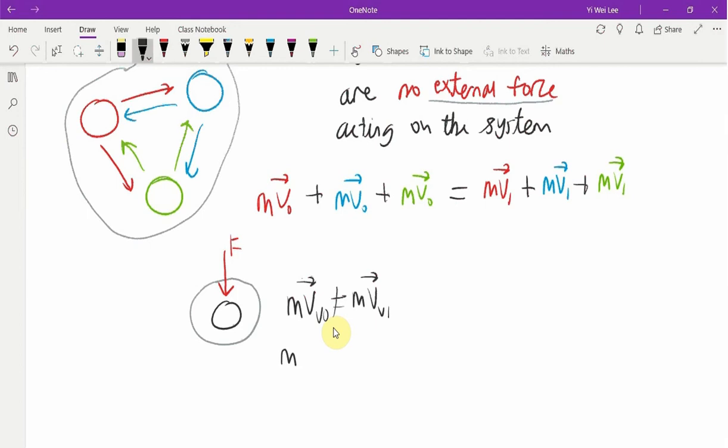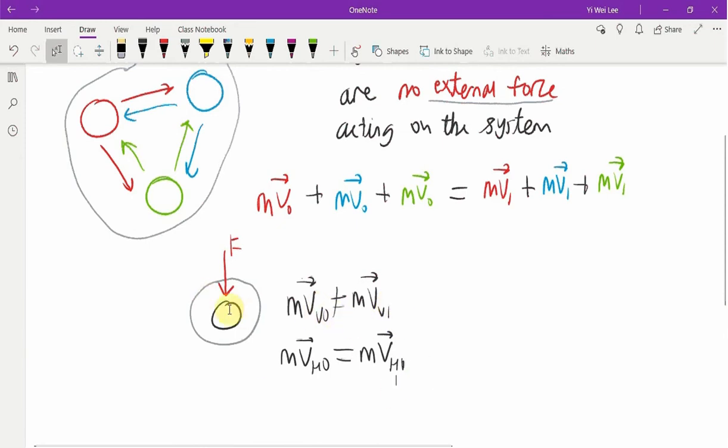However, the mass of this particle times the horizontal velocity when t is equal to 0 is equal to the mass of this particle times the horizontal velocity at t1 in the future. So the subscripts 1 and 0 indicate the velocity at some time in the future and the initial velocity respectively.